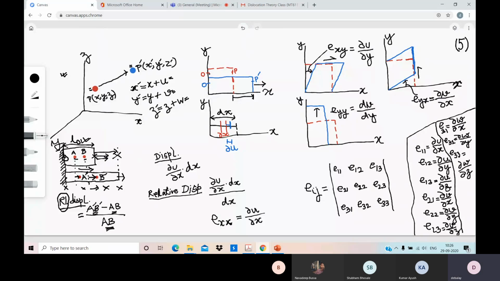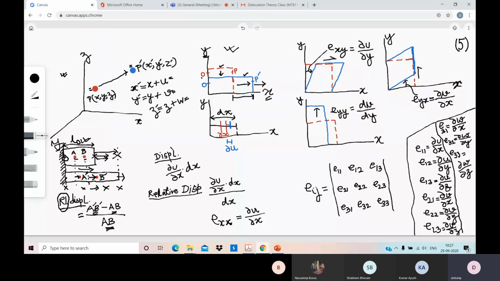For example, take this diagram which is 2D, where we are just taking the xy plane, and on the xy plane we are showing a body. Initially the body is indicated by red dotted lines, and the final position of the body is indicated by the blue line. Initially the body was something like this, as shown by the red dotted lines, and if you stretch along the direction x, it will squeeze along the y direction and extend along the x direction.